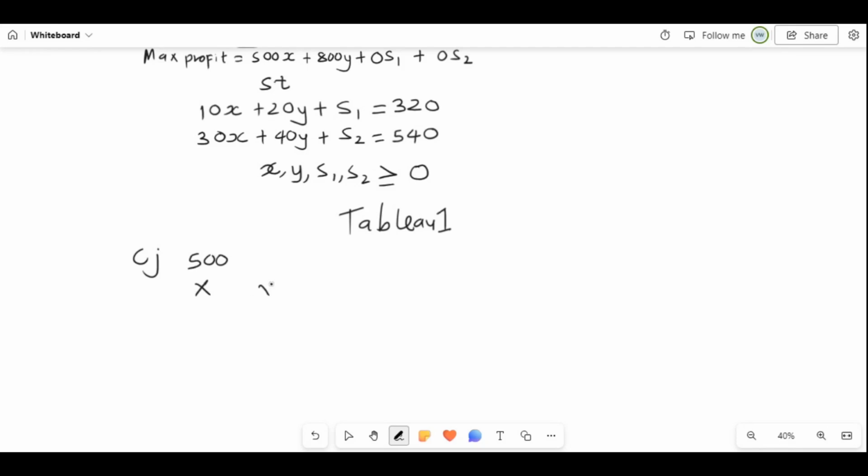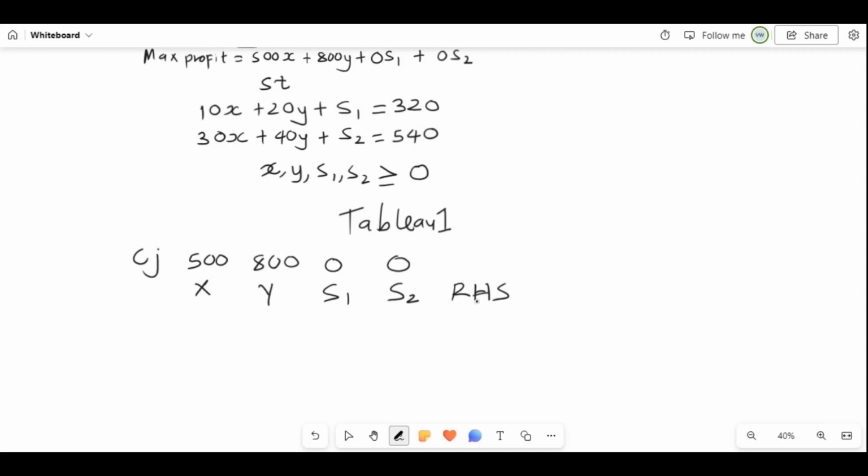If I have the variable y, the coefficient there is 800. And remember, x and y are our decision variables. Then we have s1 to represent the first slack, s2 to represent the second slack, and we know the coefficients are 0. Then we have the RHS.